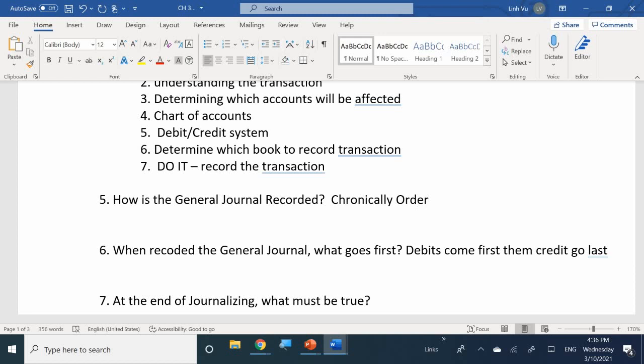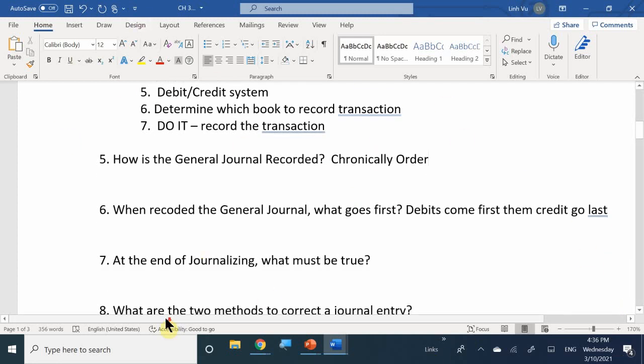This one now asks us when recording a general journal transaction, what goes first? That's where debit goes first. So we switched those answers. I was confused there too, but that's okay. We fixed that. It's based on time, so it's going to be chronologically in order, by date.